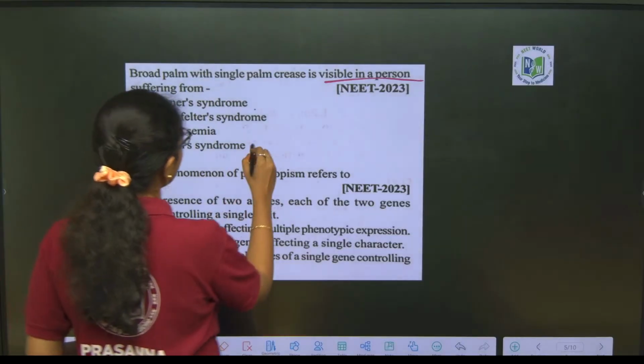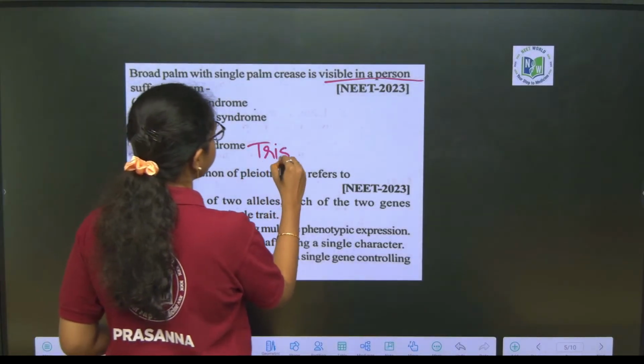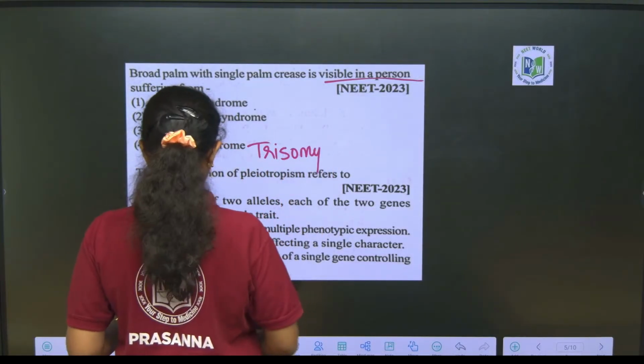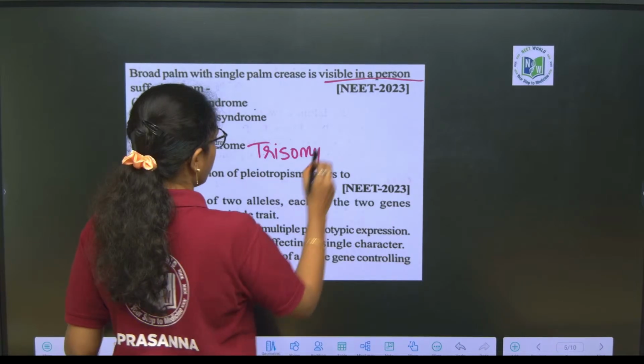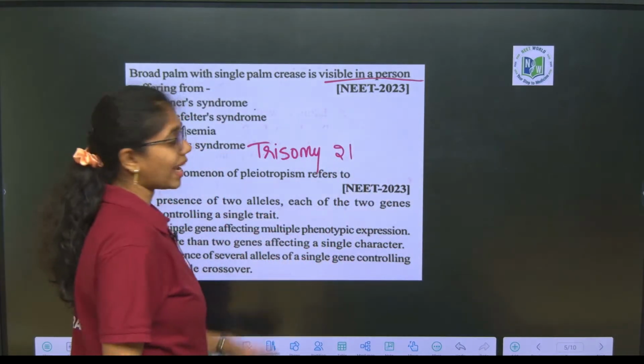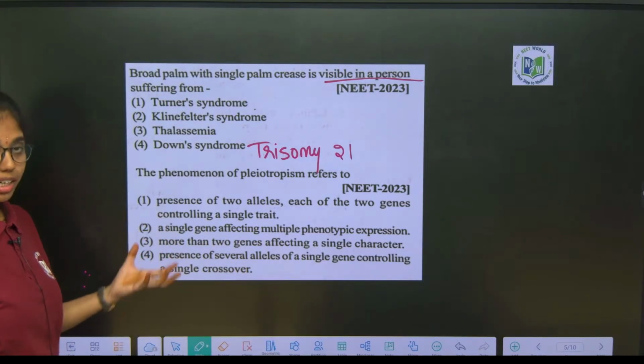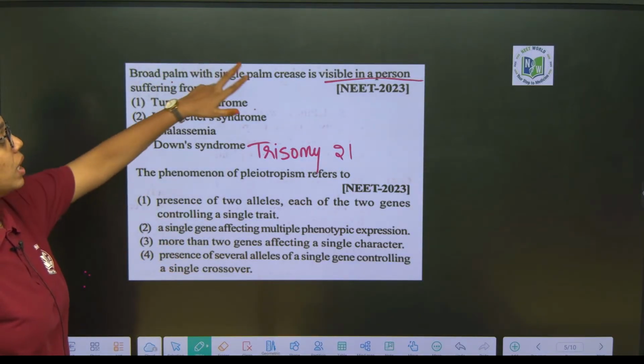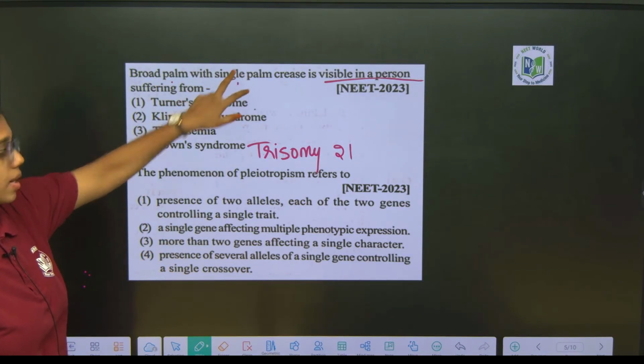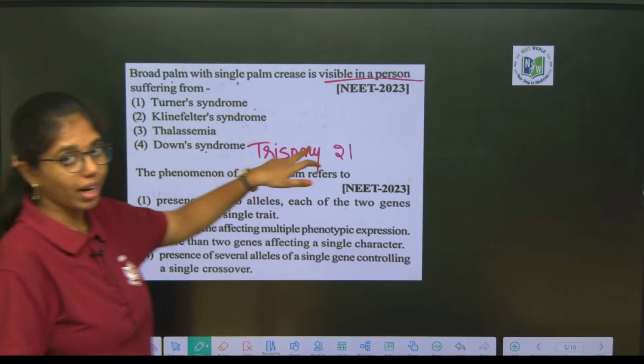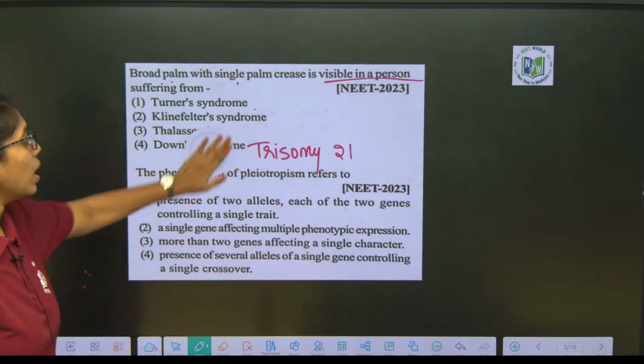Psychomotor retardation, frequent micturition and a broad palm with a single palm crease are observed in Down syndrome.